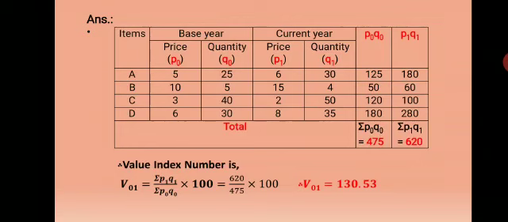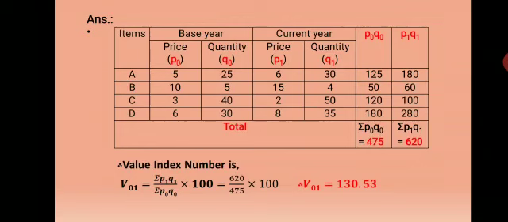First we will calculate P0 into Q0, that is 5 into 25 we will get 125, then 10 into 5 we will get 50, then 3 into 40 is 120, and the last is 6 into 30 is 180. By adding all P0 Q0 values, we will get summation P0 Q0 as 475.